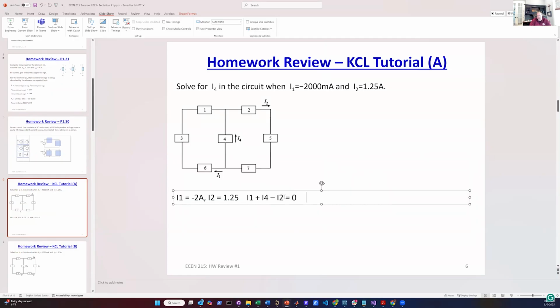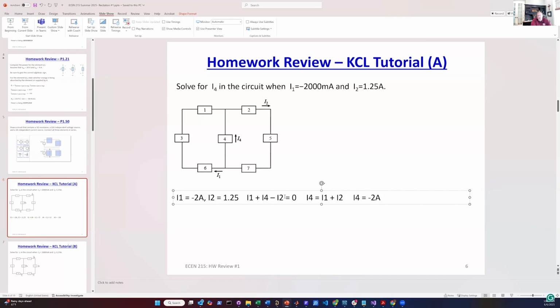So that's our equation, and we can solve it. I4 is equal to I1 plus I2, which leaves us with, excuse me, I4.